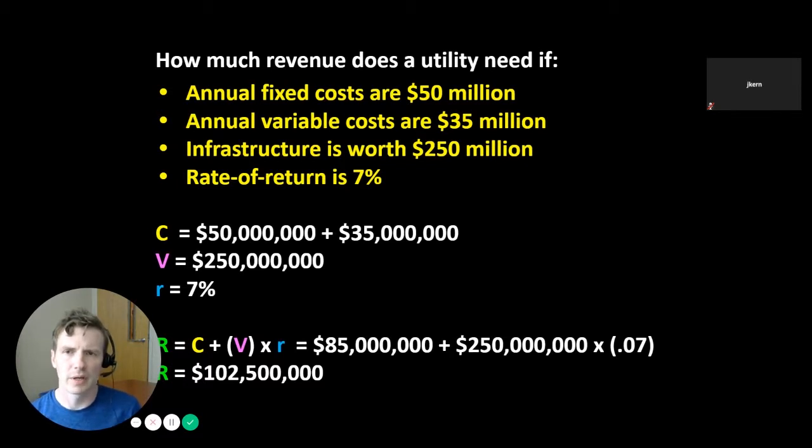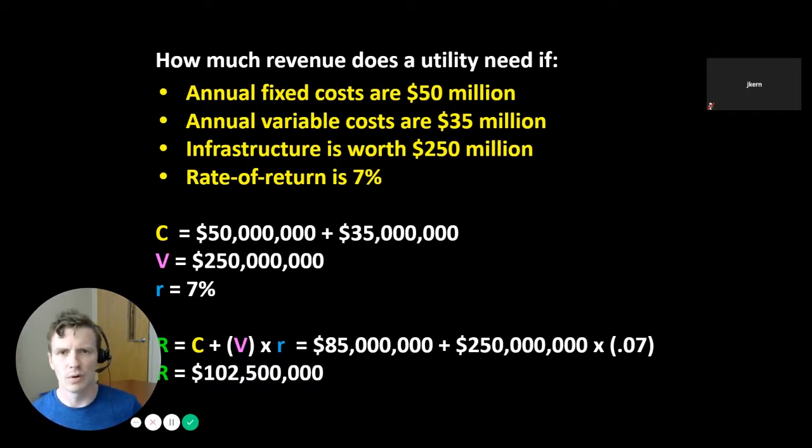So we can actually calculate how much revenue a utility needs if they have certain costs and an expected rate of return for customers, and then we can translate that into both a fixed and volumetric rate for retail electricity customers.